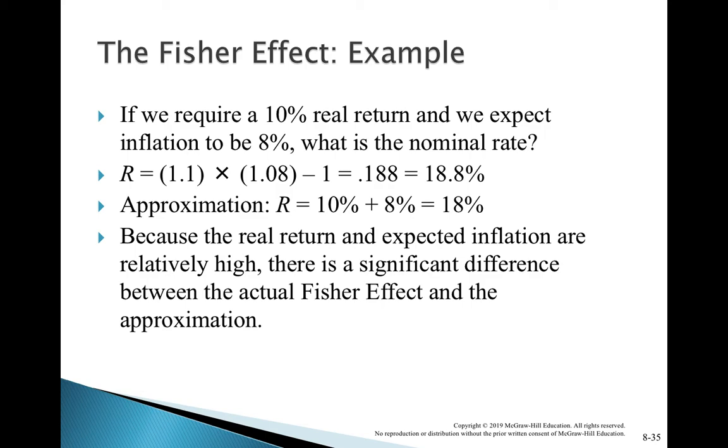So between the approximation and the Fisher rate there is a major difference: the Fisher rate gives 18.8, the approximation gives 18. But if the real rate is, for example, 2%, as in our country, and inflation is similar, you calculate the Fisher effect and the approximation, and they will be very close to each other.